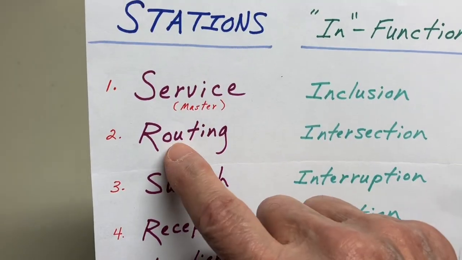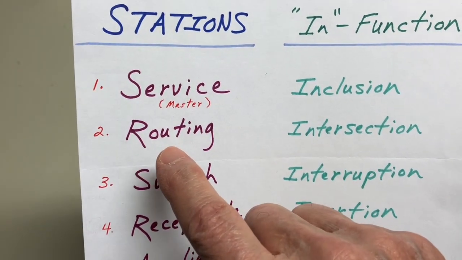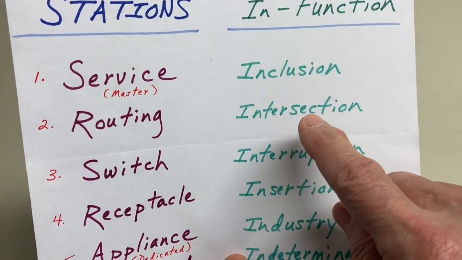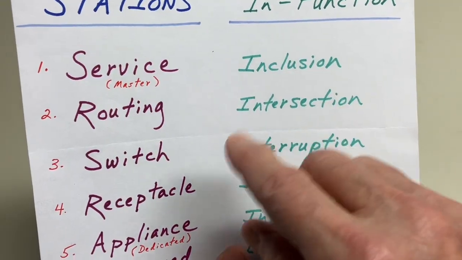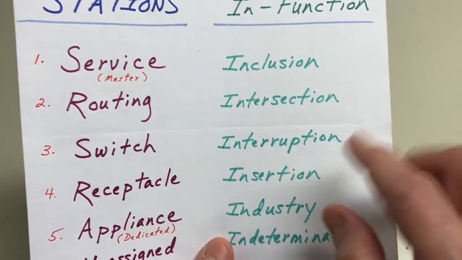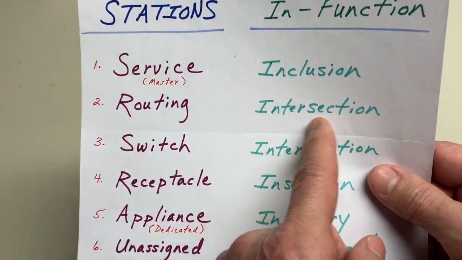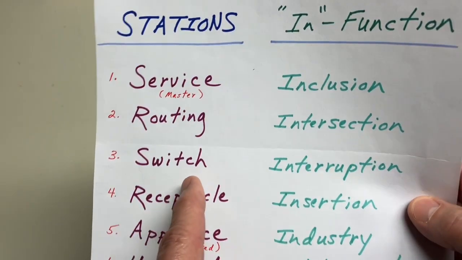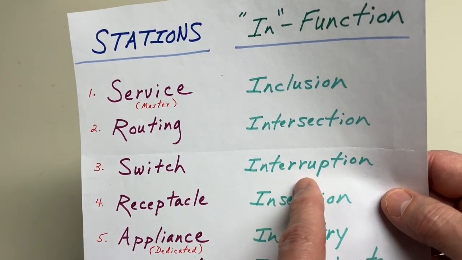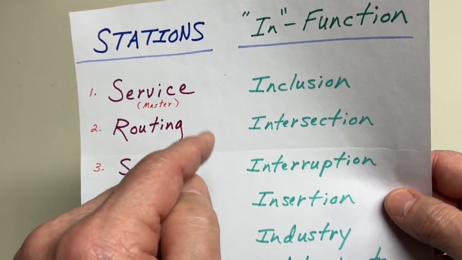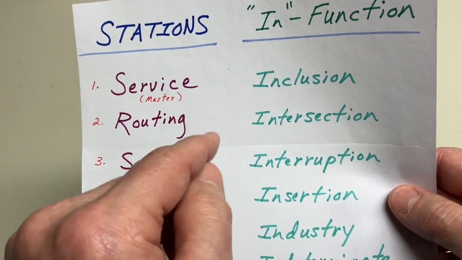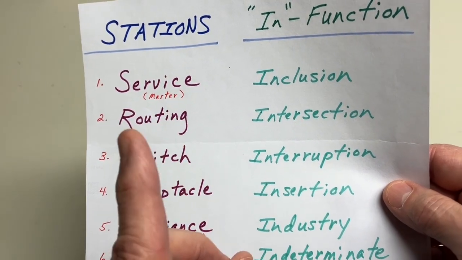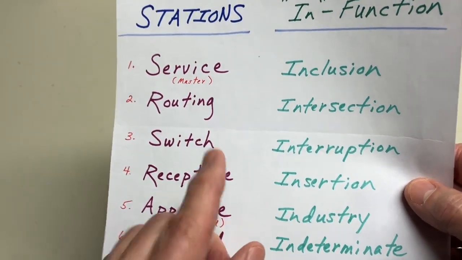Then routing, that's what's commonly called a junction box. You have intersection, where cables intersect, they're joined together, and they go their proper way. They go where they're supposed to go, but they intersect. The switch station features interruption. You can turn that switch off, and you will deny current and deny power to your appliance.